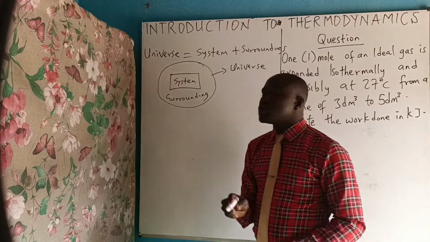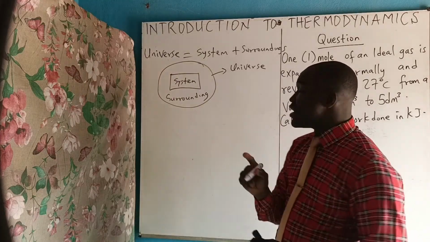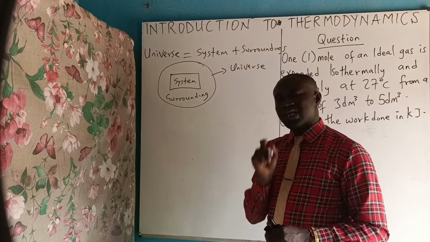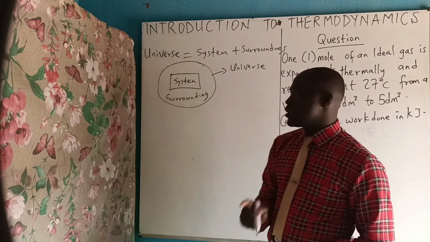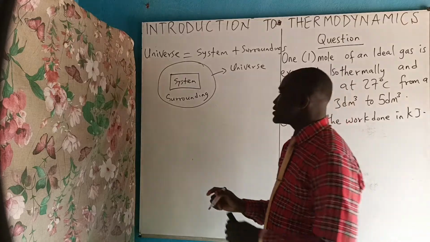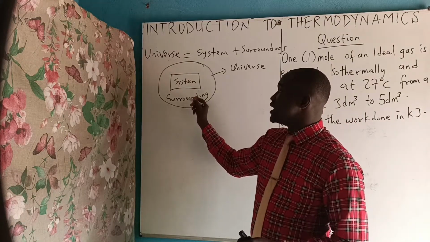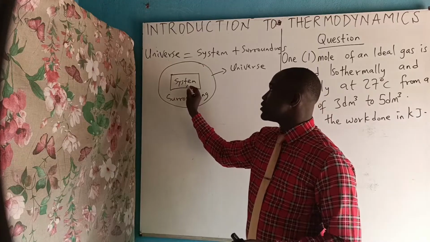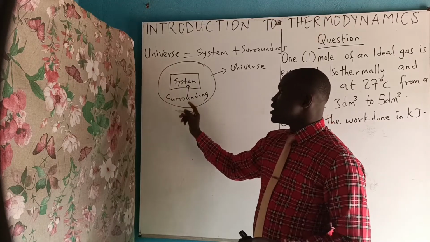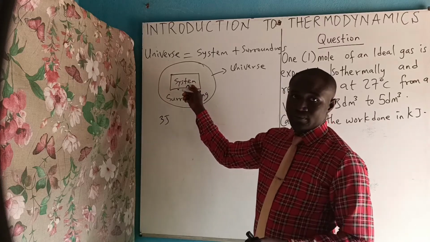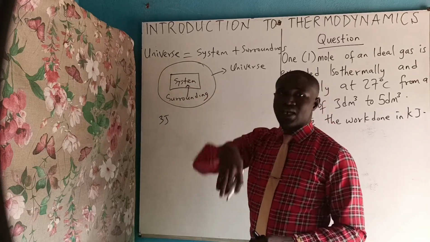Now, let's understand the concept of the first law very well. Energy can neither be created nor destroyed and can be transferred from one form or place to another. Look at what it means. If the surrounding loses energy to this system, let's say the surrounding loses 3 joules of energy to the system, the implication is that the system will gain it.